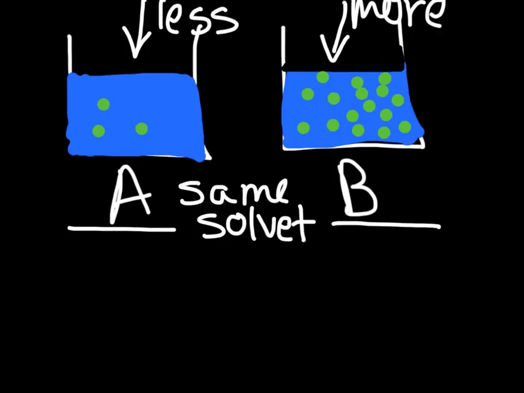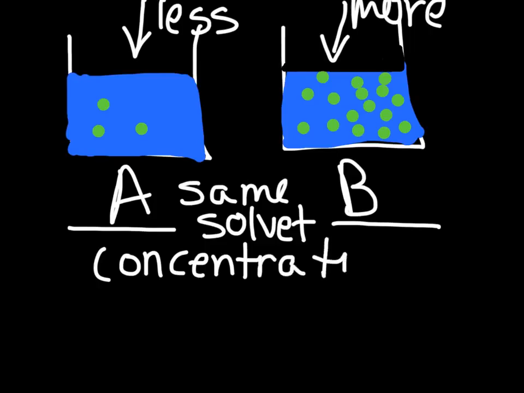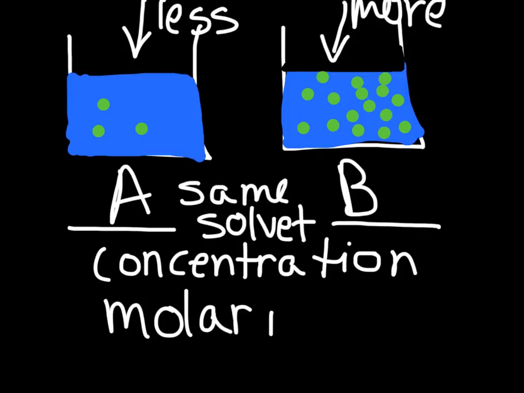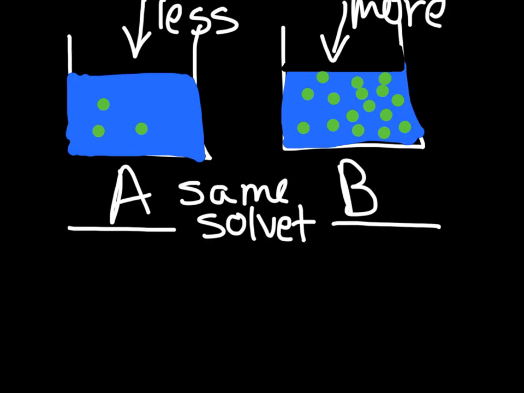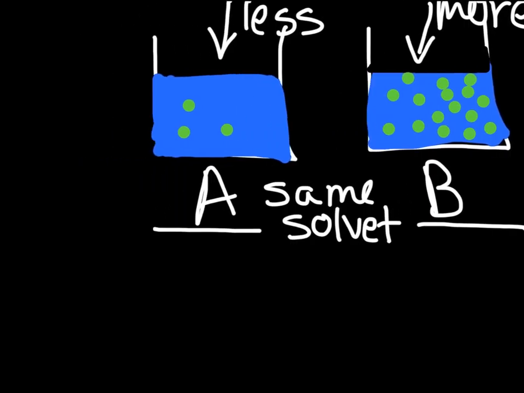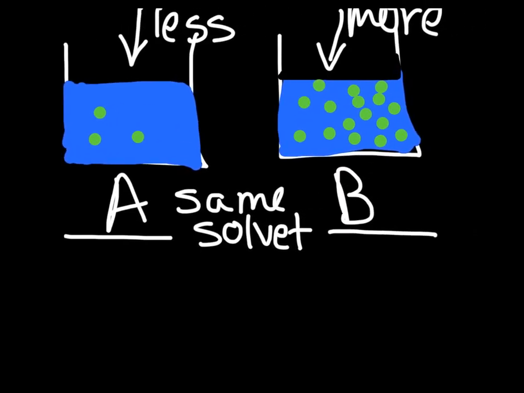Now we can compare these two beakers using a variety of terms. The two I want to focus on are the concentration and, on the next slide, molarity, comparing the molarity of the two solutions. So when we're describing the concentration of beaker A, we want to say that it's less concentrated.